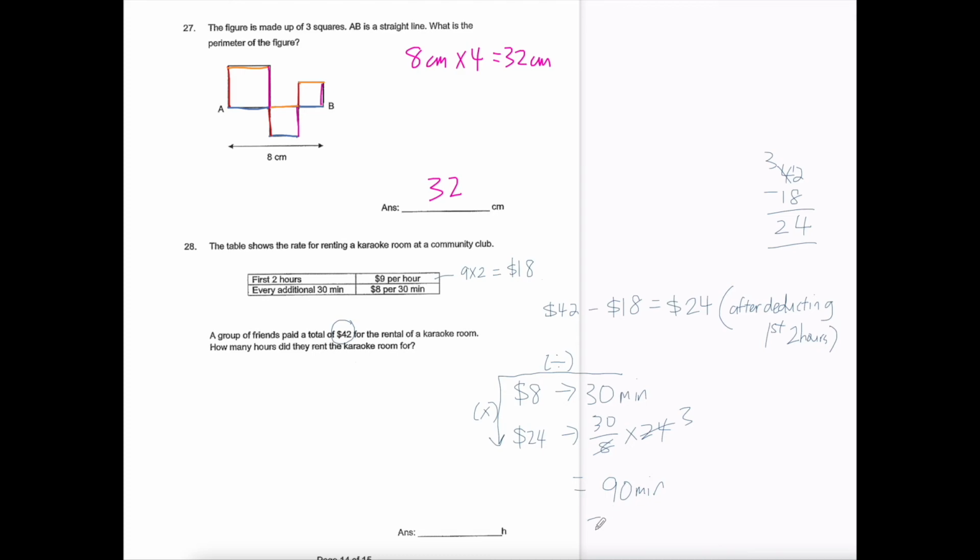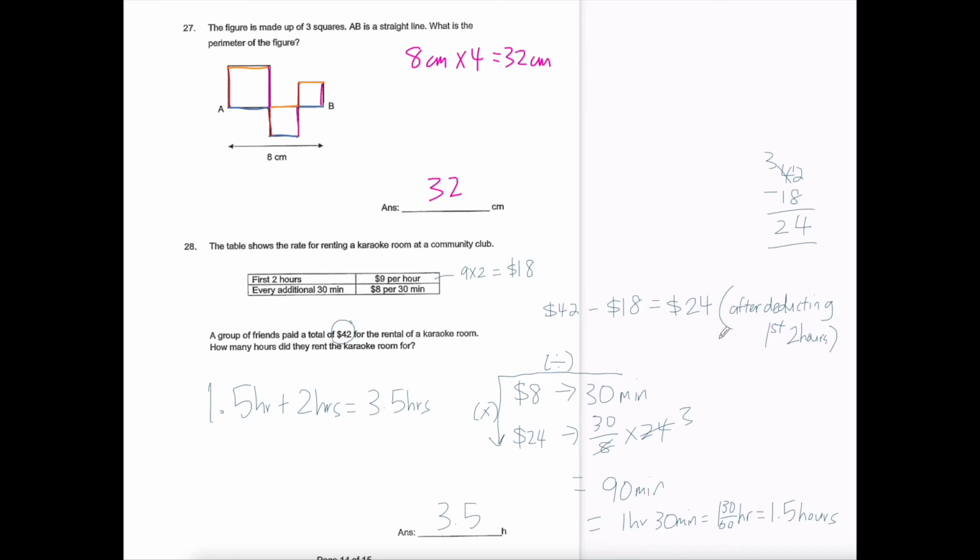So 90 minutes equals 1 hour 30 minutes, which is also equal to 1 and 30 over 60 hours, which is 1.5 hours. So we have to take 1.5 plus the first 2 hours. So the answer is 3.5 hours.